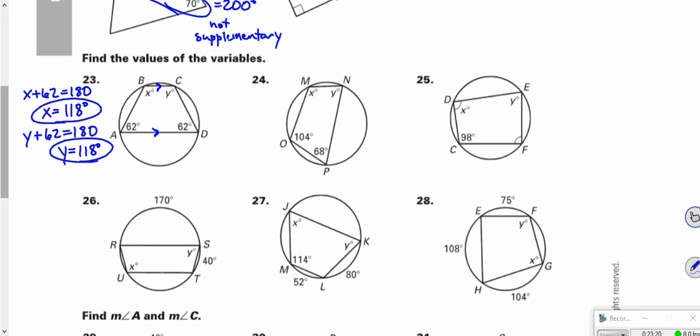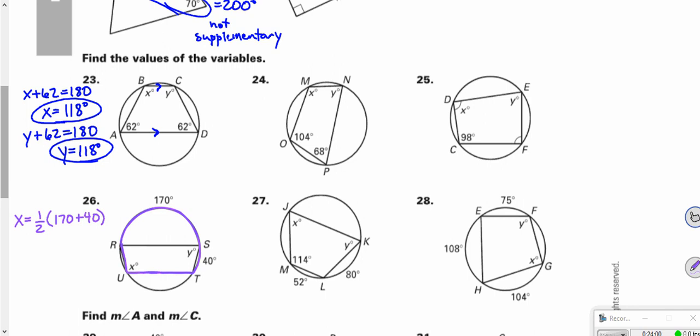Okay, next one. Find the values of the variables. First thing I see here is this x. This angle x is an inscribed angle for this intercepted arc. So I know that x is going to have to equal 1/2 the intercepted arc, which is 170 plus 40. I hope you guys see that.